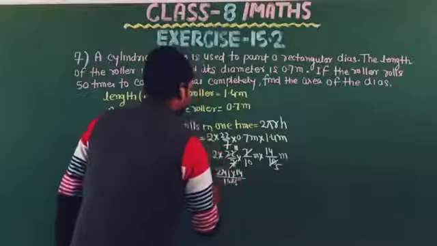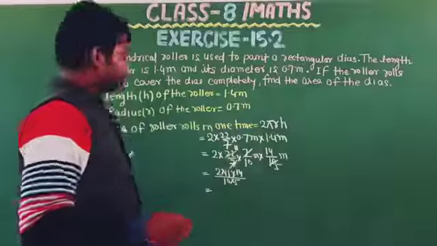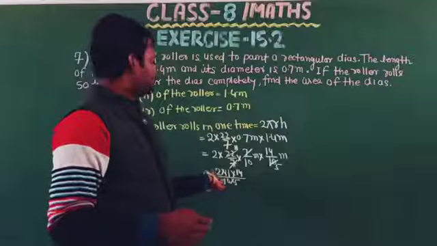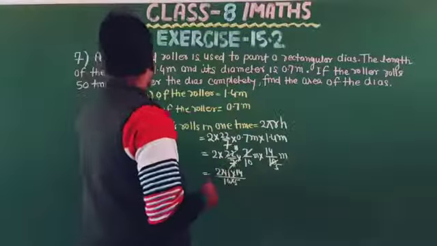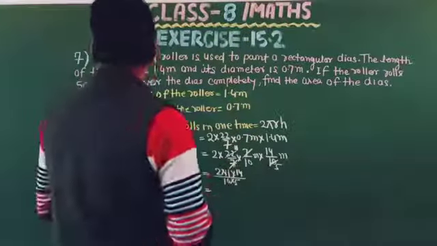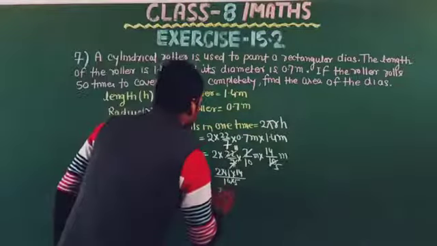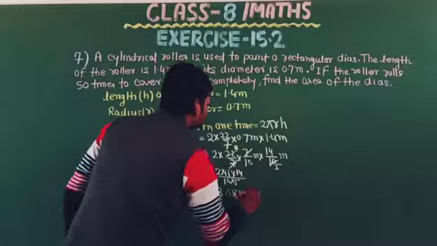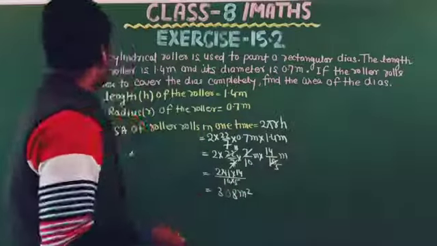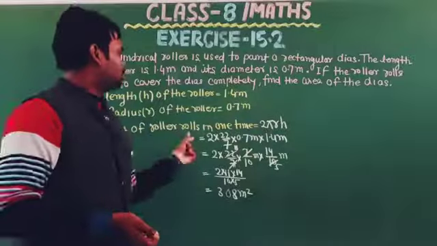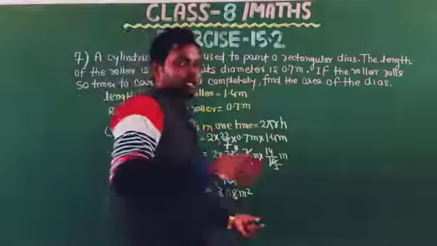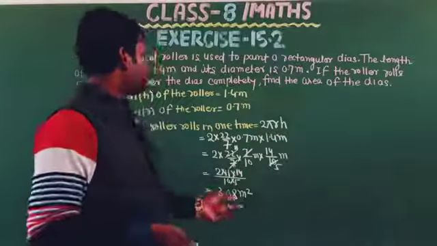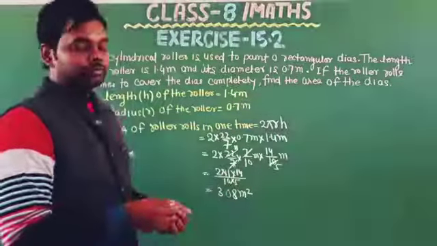So we will get the total value after the simplification, 3.08 meter square. This is the curved surface area of the roller rolls in one time. In one time the total area covered by the roller is equal to 3.08 meter square.